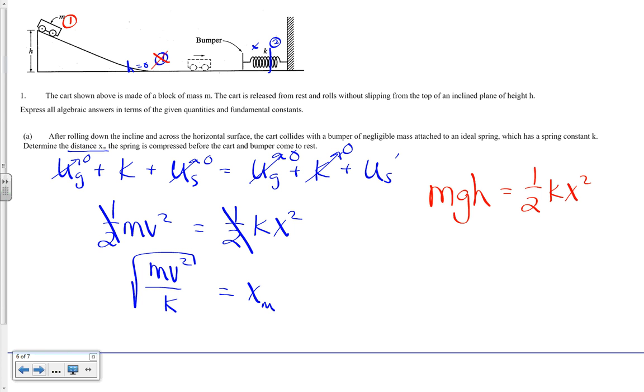So we've converted all the gravitational energy and put it into the spring, which is fine because this is all the energy we started with anyway. We never had more energy than that. Root of 2mgh over k equals x. That's good too.